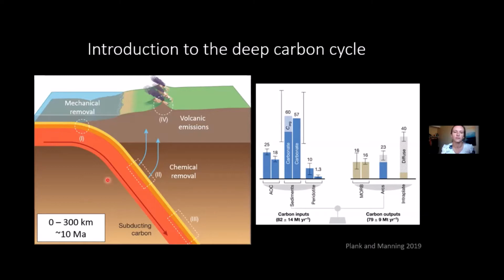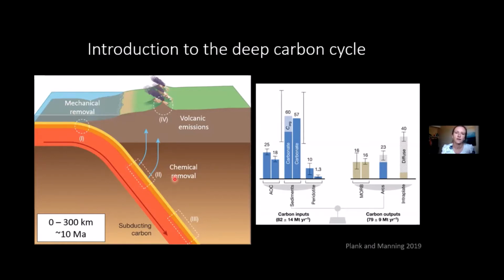And really what Plank and Manning discuss a lot in their paper are the various means by which you can remove carbon from the subducting slab. So this includes not only some mechanical and physical processes that remove carbon from these lithologies, but also potentially some deeper processes, these chemical reactions that can liberate carbon from these reservoirs.